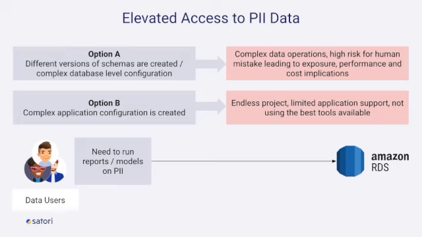You might duplicate to a different database, and you have to take care of anonymizing all the data when you replicate the data. It's very complex. It's doable, but it takes time to maintain. It's complex to operate, a lot of human involvement, very error prone from a human mistake perspective.